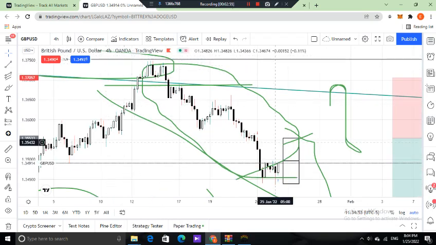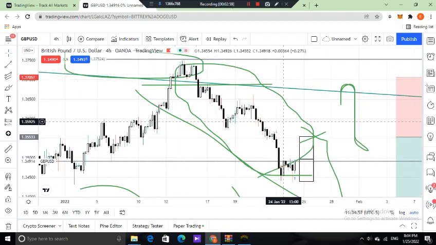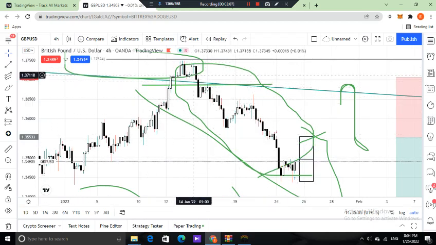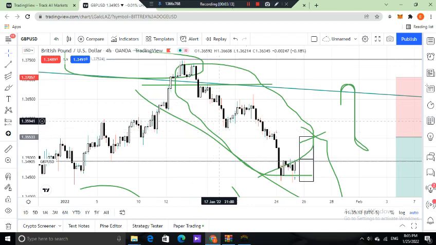In the 4 hour time frame, this first leg down itself contains two legs. You can divide it into two legs, first one, second one, and this pullback, and each of these legs has smaller legs inside themselves.